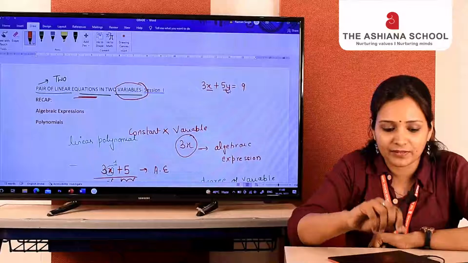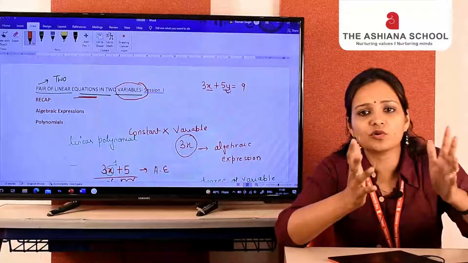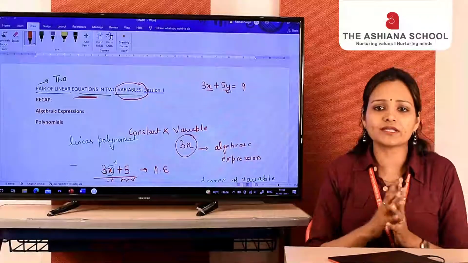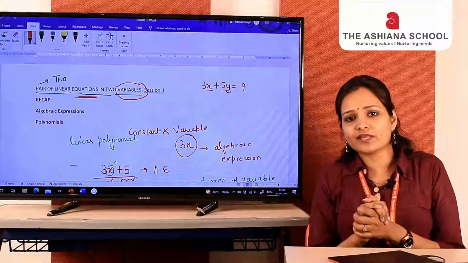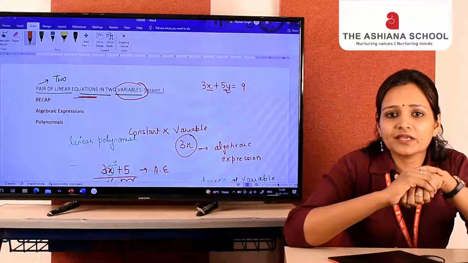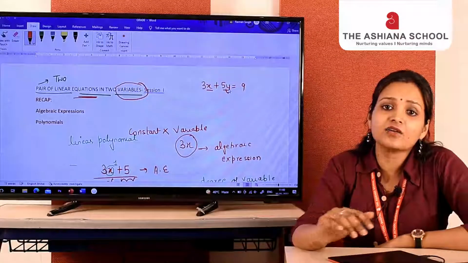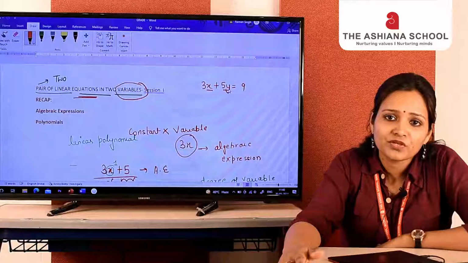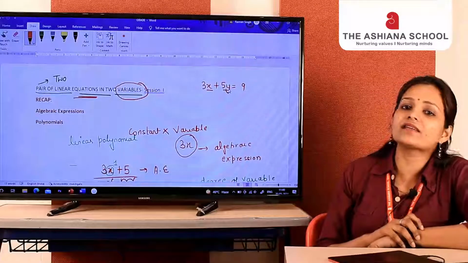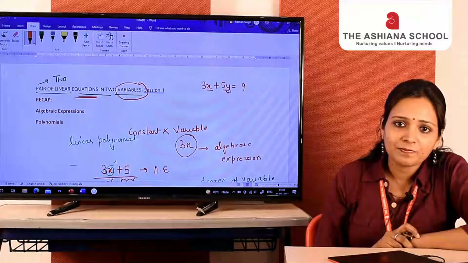Now children, I'm sure you all must be thinking, why are we studying this topic? What is the importance? So I'll quickly give you an example. Let's say on a particular morning, your mother realizes that there are no fruits lying at home. So she asks your father to bring the fruits while he returns from the office.